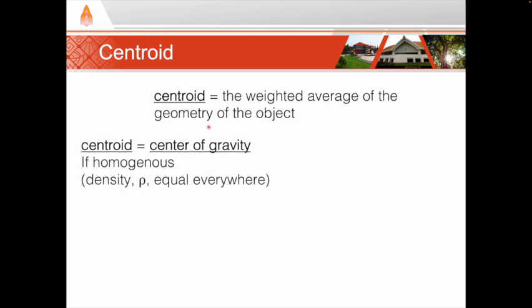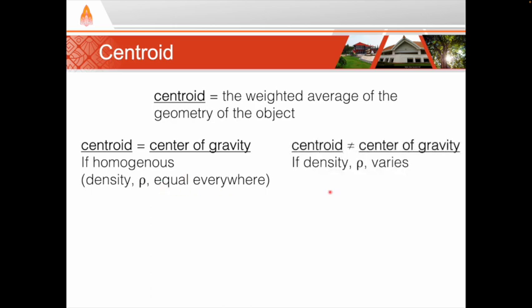If the object is homogeneous, in other words, the density is constant everywhere in the object, then the centroid and the center of gravity are at the same point. However, if the object has different densities, the center of gravity and the centroid are not at the same point.